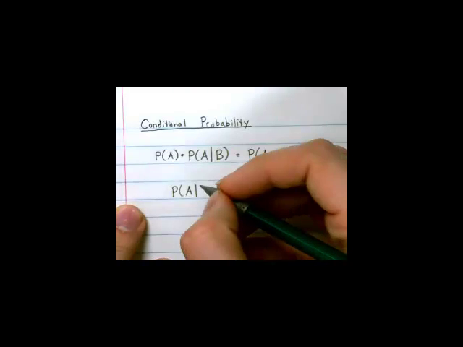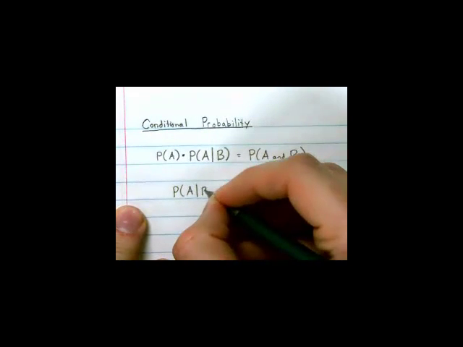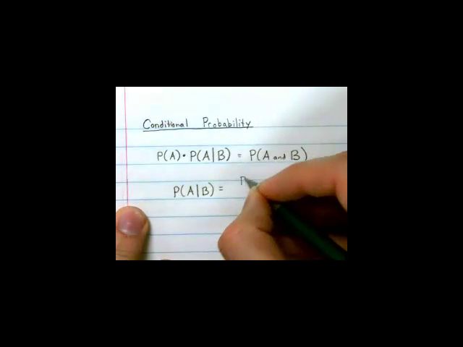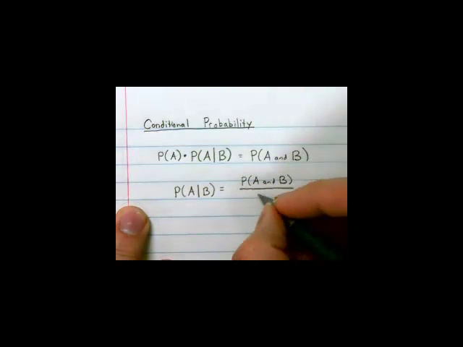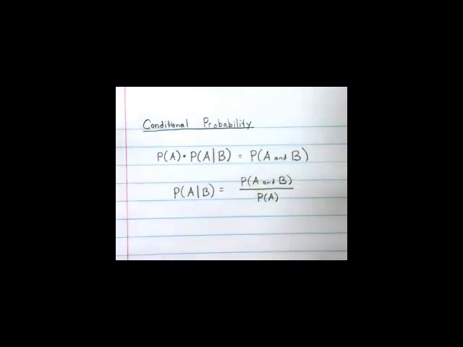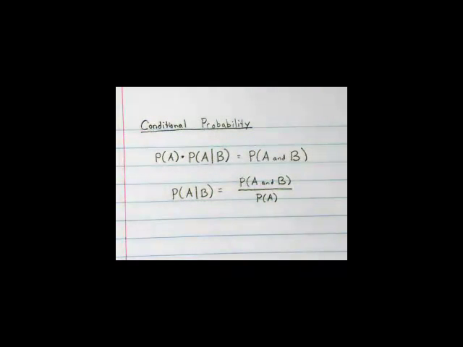The conditional probability of A given that B has already happened, like I said, it's just a little algebra. I'm just doing a little dividing, moving that one probability over to the other side. It's not anything crazy. So we have a formula then for the conditional probability: the probability of A and B, if we know what that is, divided by the probability of just the first event happening. Depending on how the information is given to you, you might need to do this if we're searching for that conditional probability.